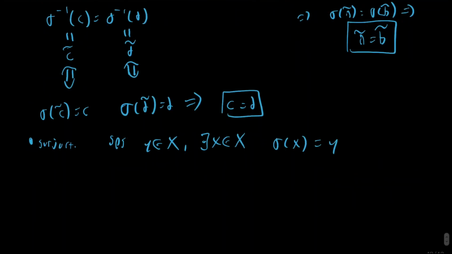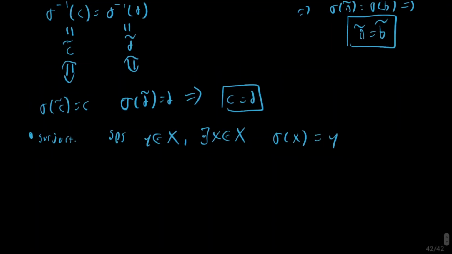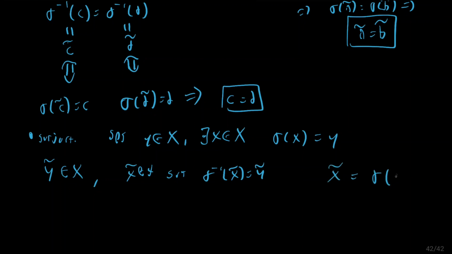Okay, but now we can prove this pretty simply using the properties of sigma, because considering an element that we can call y tilde inside of X, we want to find an x tilde in X such that sigma to the minus 1 of x tilde is going to be equal to y tilde. But notice that this x tilde exists and it's precisely equal to sigma of y tilde.